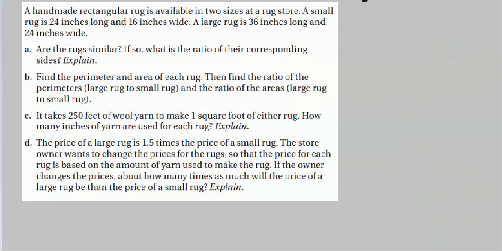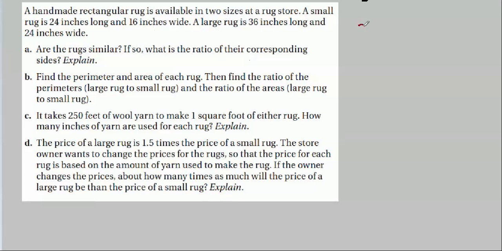Here's one. They're asking us about two rugs. And I think the first question is, are they similar? The first one is 24 by 16, and the other one is 36 by 24. Well, let's check.